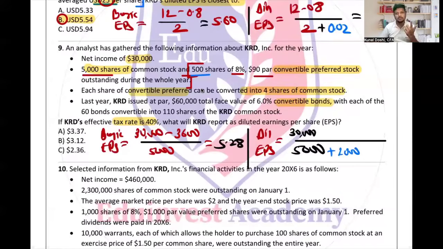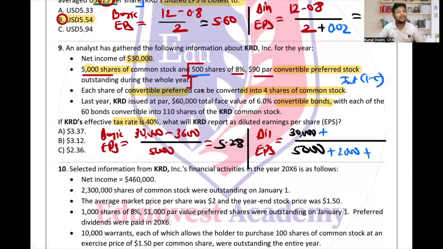Am I correct? And with convertible debt also there will be new stocks. Whenever there is convertible debt, remember on the numerator, you add back interest times 1 minus T, because that is deducted from the net income.